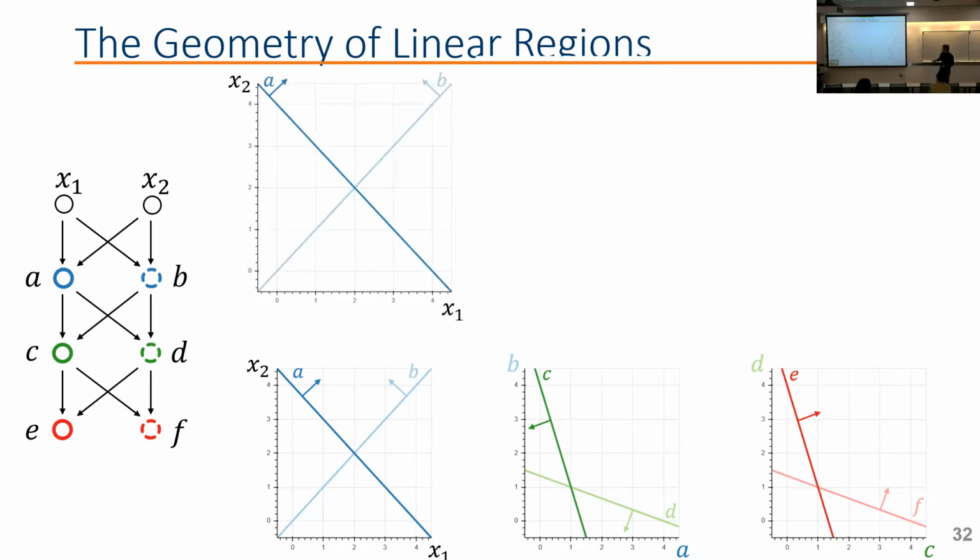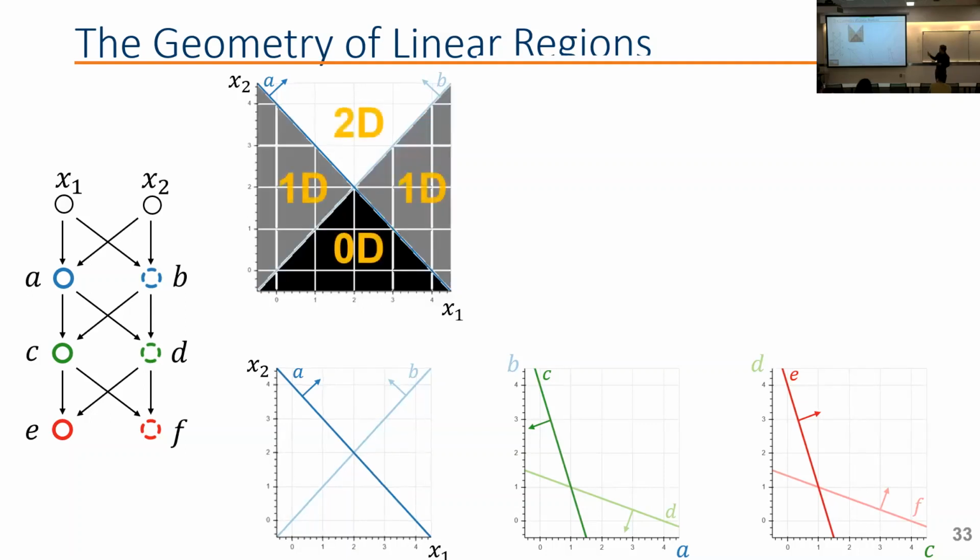Now, what's interesting here is what happens when we think about the output being produced by each one of these linear regions, which are going to be further partitioned by the next layers. So when A and B are active, we have 2 positive values coming out. So the output is 2-dimensional. When only one of them is active, which is what happened in the gray areas over there, we have a 1-dimensional output because one of the values is just 0.